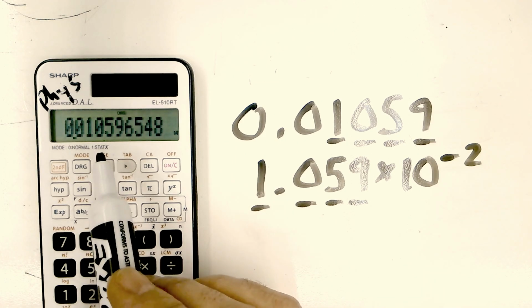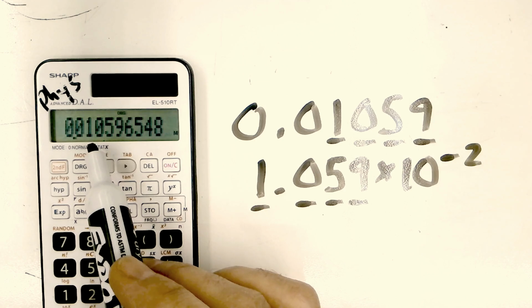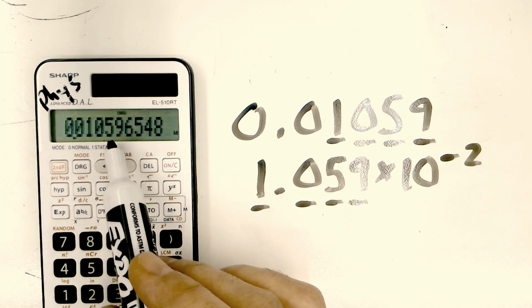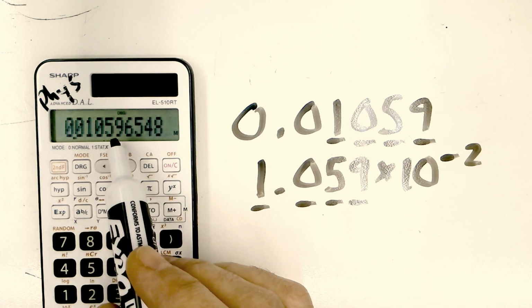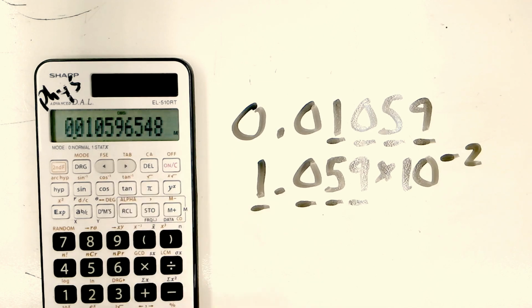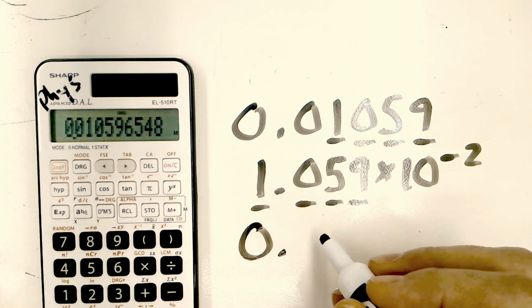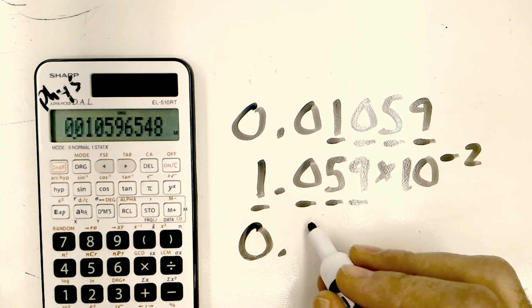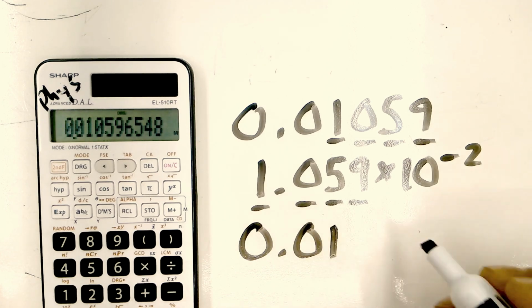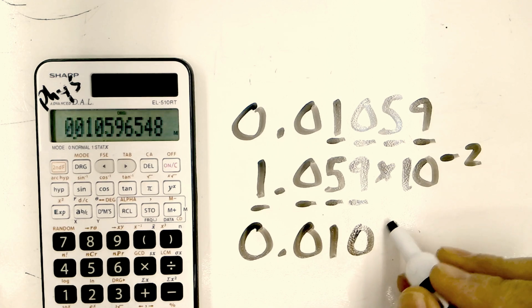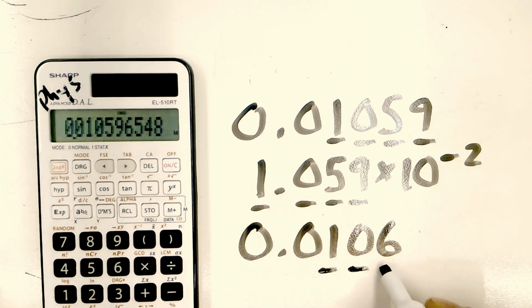So in this case, our significant digits will be the 1, 0, and 5, and we're rounding off the rest. So the rest begins with a 9, which means we will round up. And so we will write this number as 0.0106, showing our 3 significant digits.